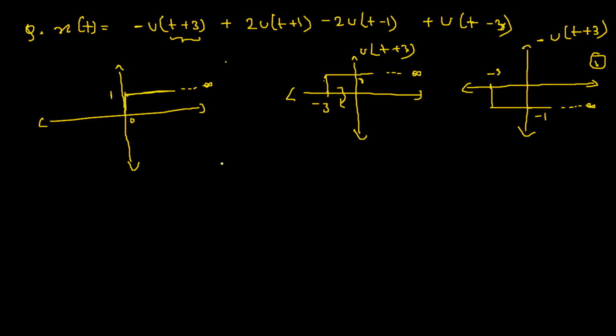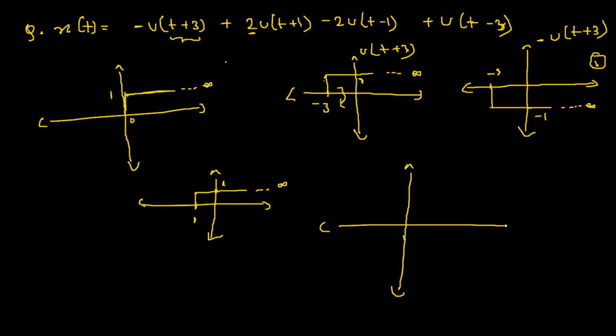Here it's t plus 1. So the first thing that we do is, it's shifted by 1 unit towards the left, and it's the same unit step function. It's all the way to infinity. Now the second thing that I need to do is, it's amplitude scaled by a factor of 2. So what happens in amplitude scaling is, the values of time remain the same.